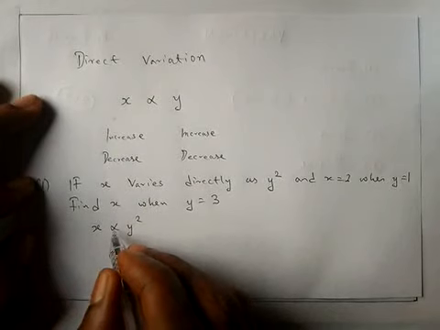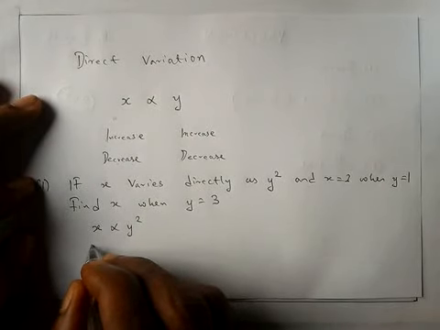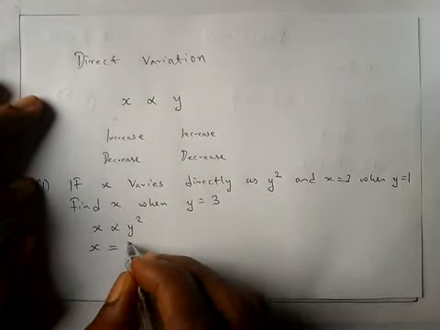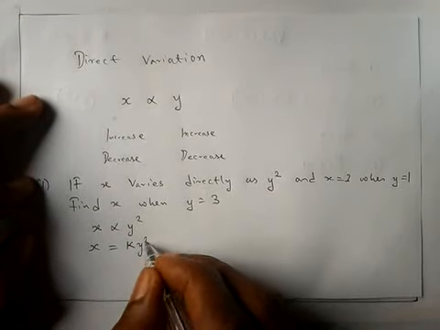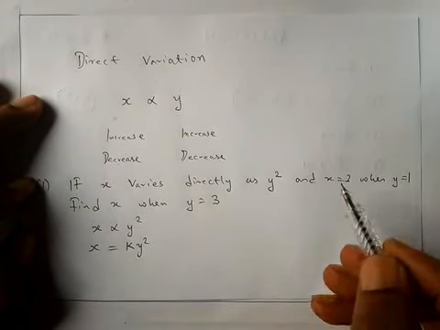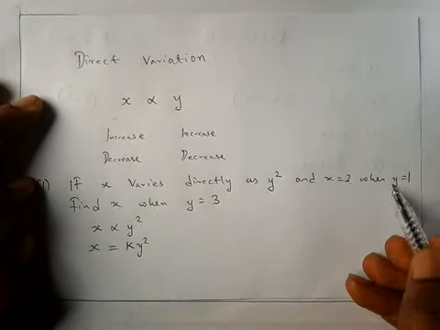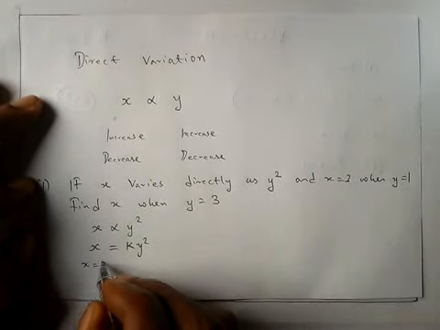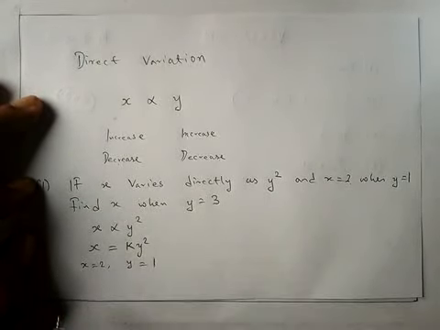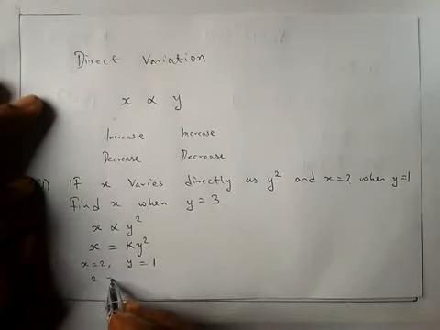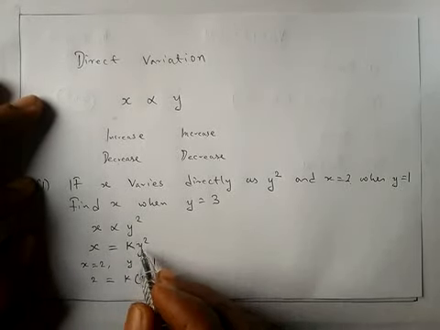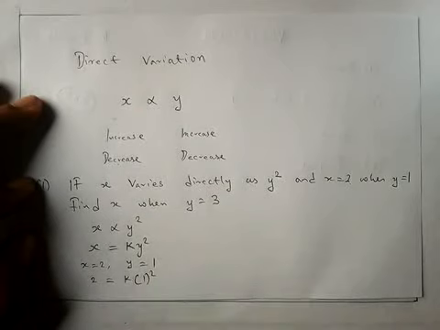So s varies directly as y squared. If we put our constant of proportionality, let's call it k, it becomes s equals k y squared. Now when s is 2, y is 1. So this is 2 equals k times 1 squared.